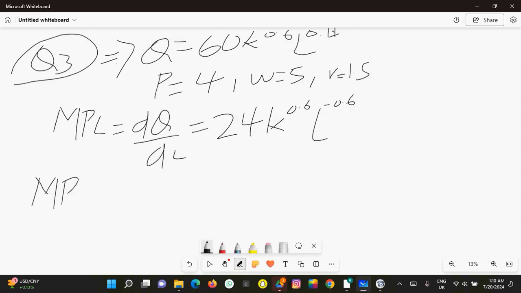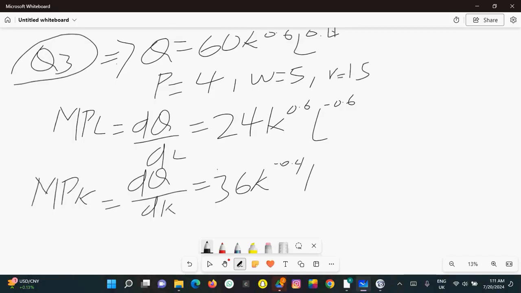MPK is equal to the derivative of Q with respect to K. It is giving us 0.6 times 60, which is 36, K raised to the power negative 0.4, L to the power 0.4.